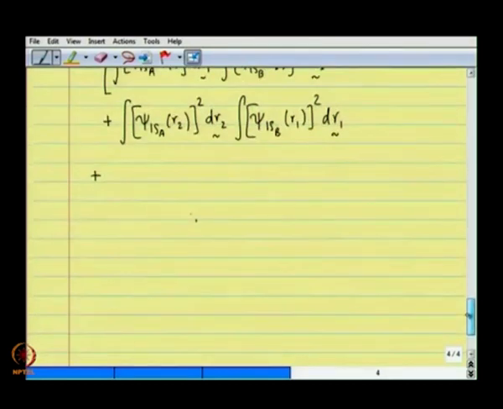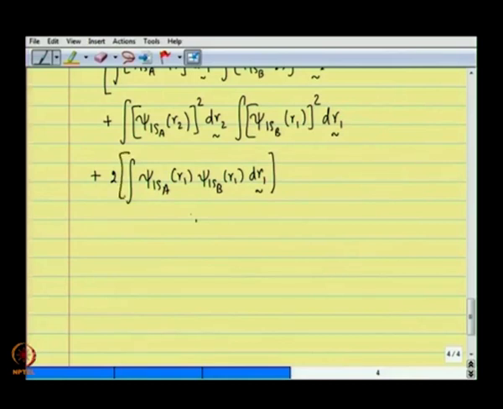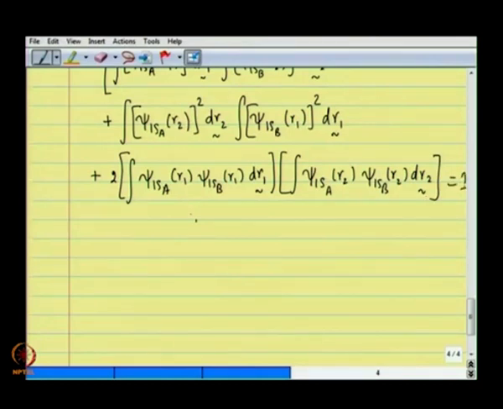So therefore twice the integral psi 1s A r1 psi 1s B r1 d r1, which is one integral involving the electron coordinates of r1, and the other integral is psi 1s A r2 psi 1s B r2 d r2, and this should be equal to 1.